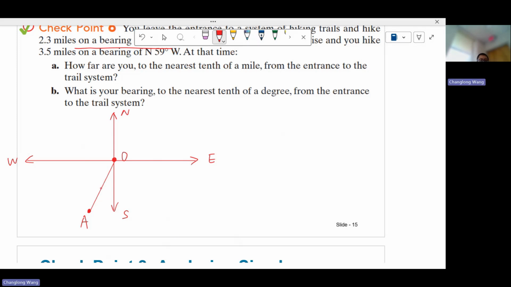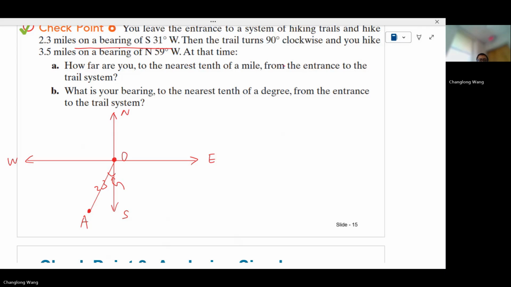All right, so the distance is 2.3, and the angle here is 31 degrees. That small angle here, 31 degrees. So now turn 90 degrees clockwise.